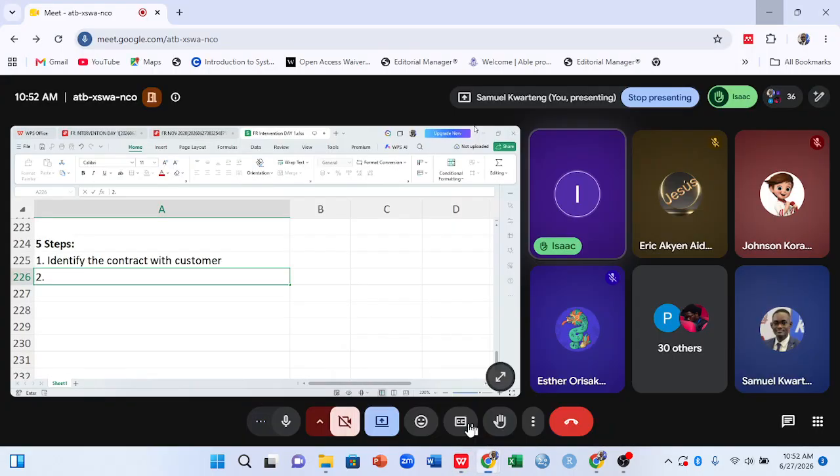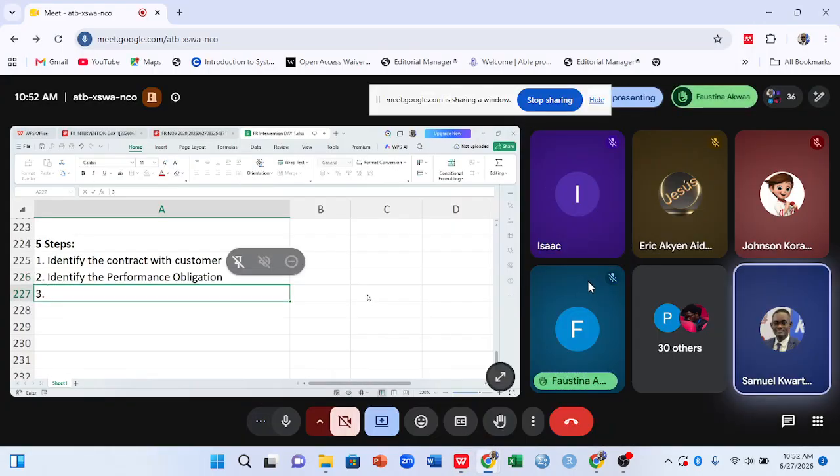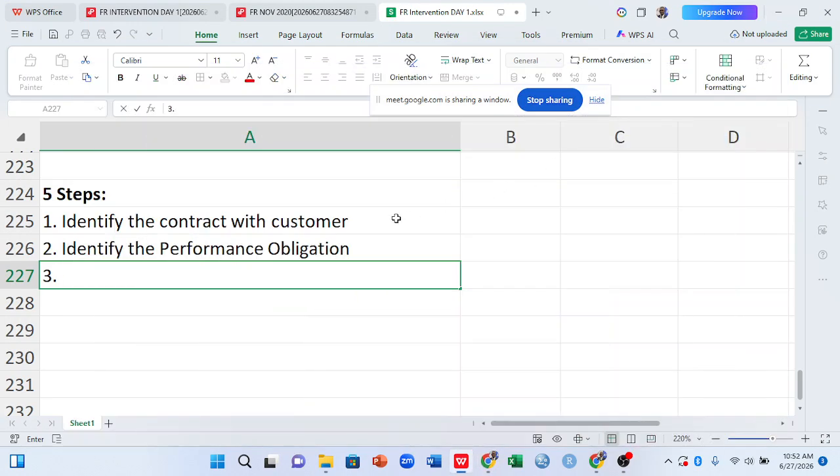Step three. Yeah, Cosina. You determine the transaction price. Yeah, determine. Determine the transaction price.